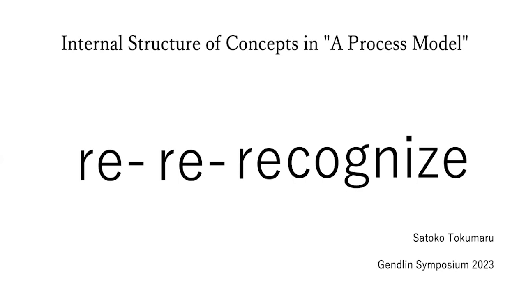Gendlin's multi-layered theory has 4 layers. The first layer, the second layer, the third layer, and the fourth layer. The first layer is for all living processes. They have a capacity to generate patterns inherently.